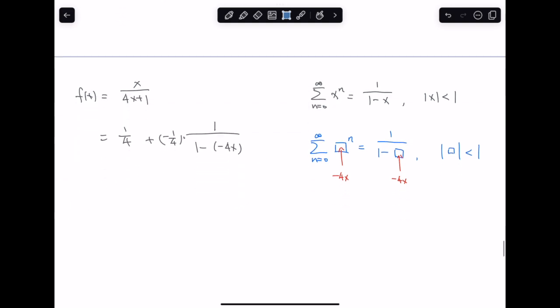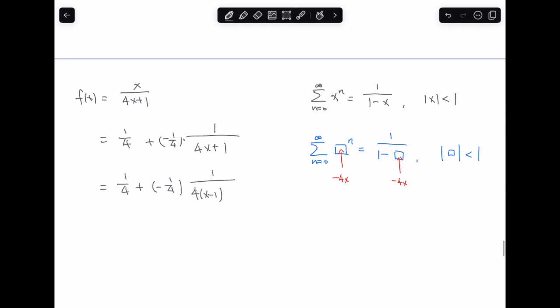Okay, continuing from this step, so it was 4x plus 1, right? So what we're going to do is write 4 times x minus 1 instead of x. At the same time, we need to compensate for that negative 1, right?